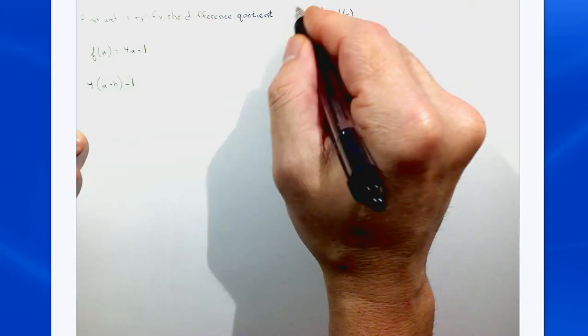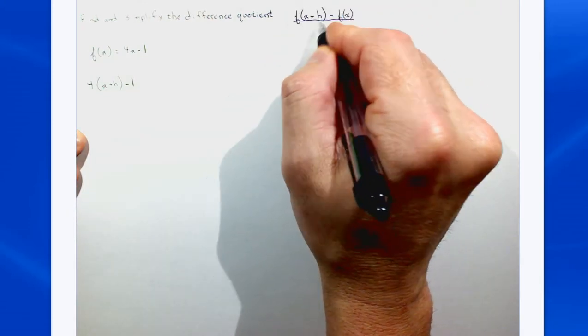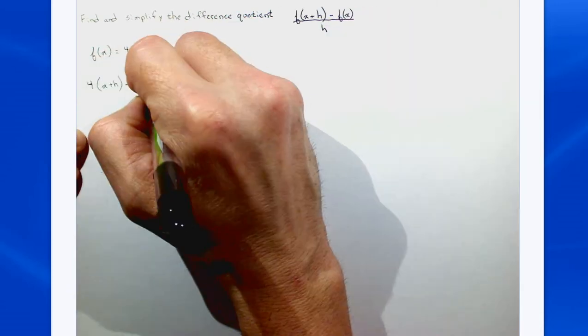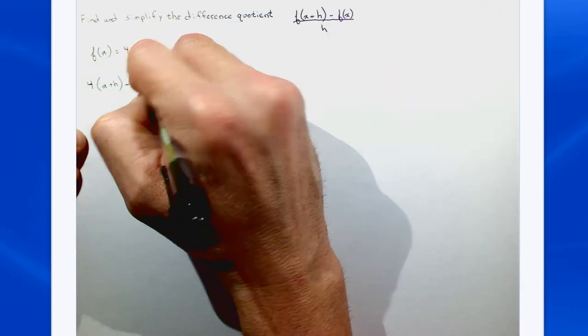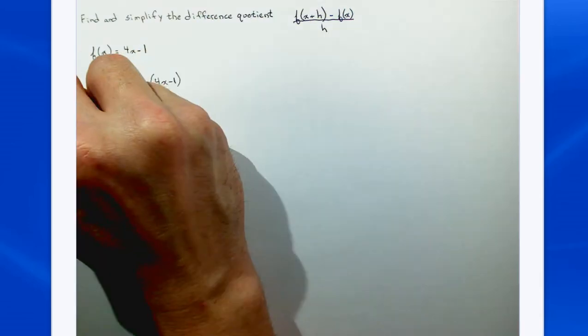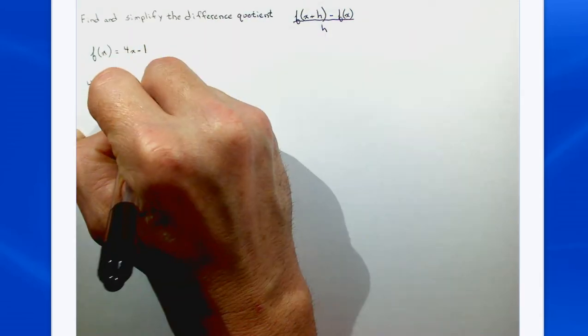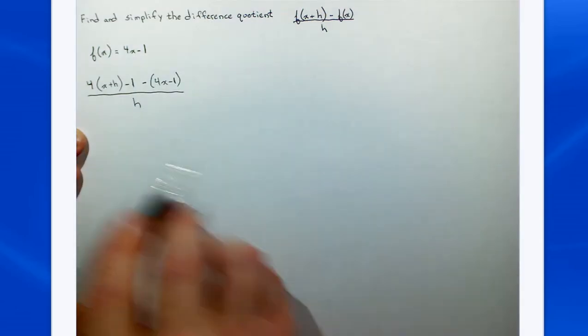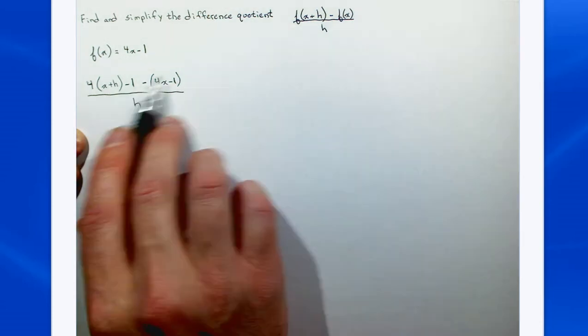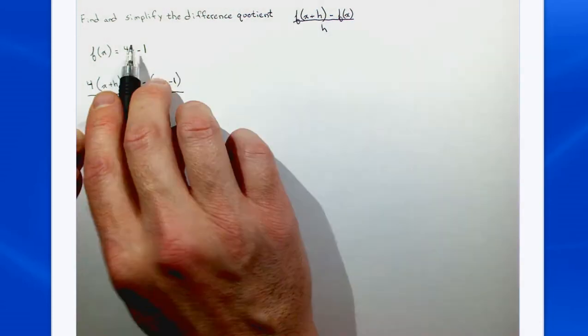That is this right here. Minus f of x. Well, that's just what I'm given, and I'm going to put that in parentheses. I'll have to distribute that over h. One of the hardest things you have to do is make sure that you're just substituting in x plus h for x.